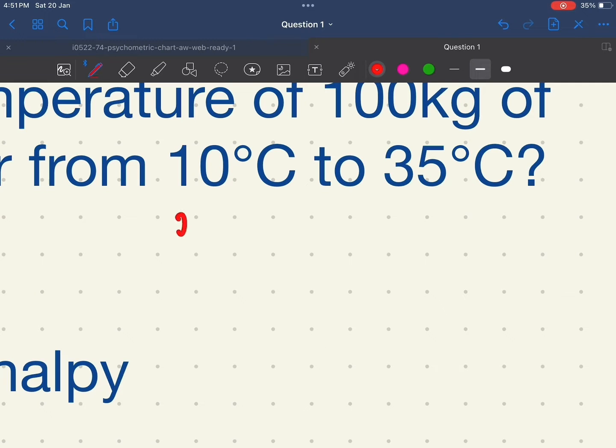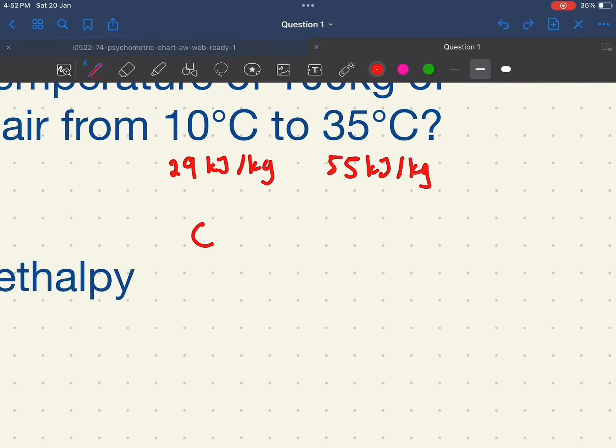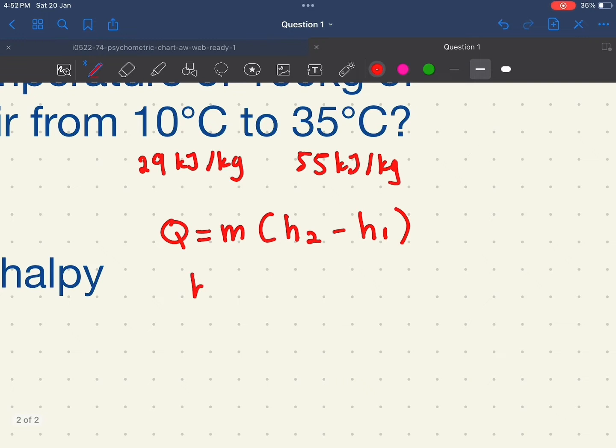Then back to the question, this is the enthalpy for both temperatures. To find the heat, we put the equation Q equals M (H2 minus H1) from the energy balance equation.